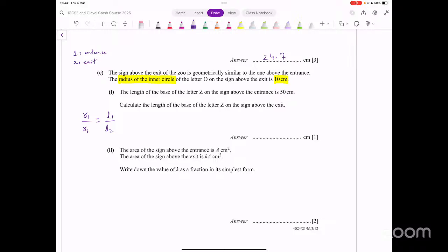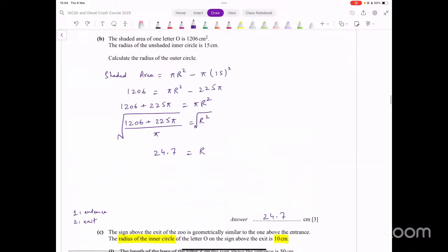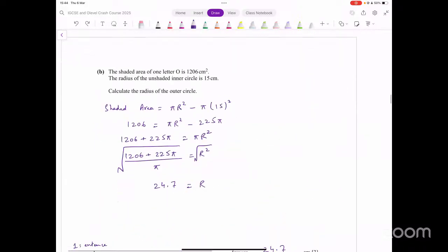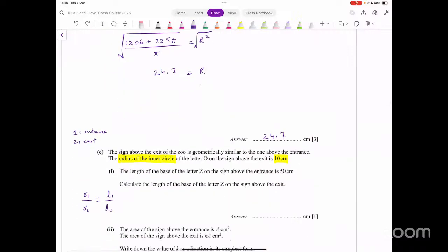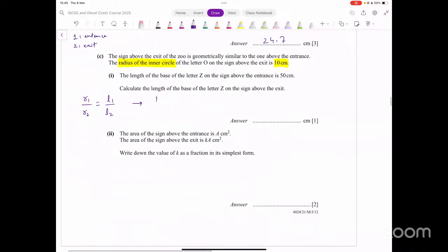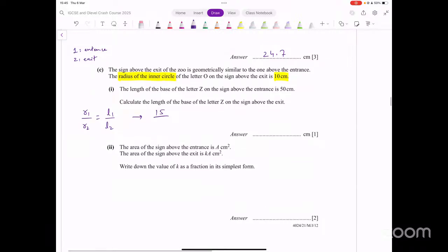Now, what are we looking for? R1 is the radius of the inner circle on the entrance. Do we have that? Radius of the inner circle, that's 15 for the entrance. Let's input that value here. Radius of the inner circle on the exit, that's 10.